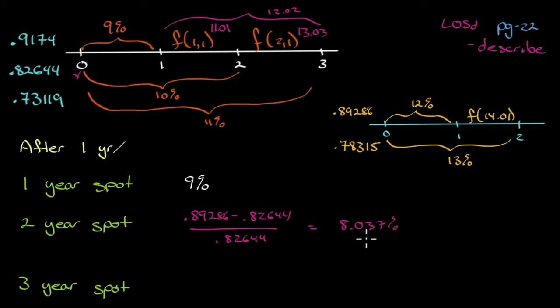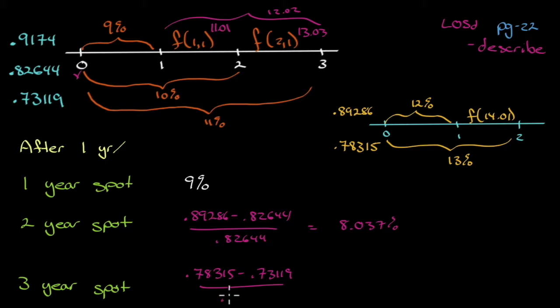We didn't even do 9%. We did worse now. And we can do the same with the 3 year bond. After 1 year, it's a 2 year bond, so we'll use the 2 year spot. And to get a discount factor, 0.78315. What did we originally pay?